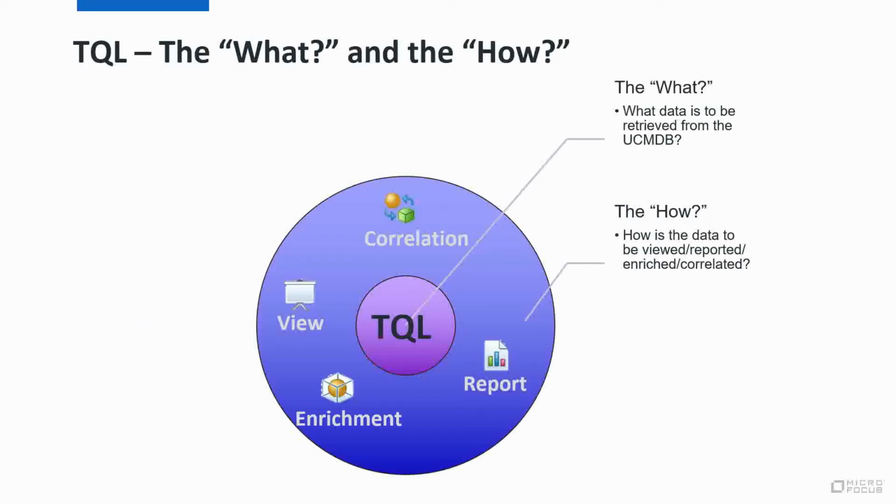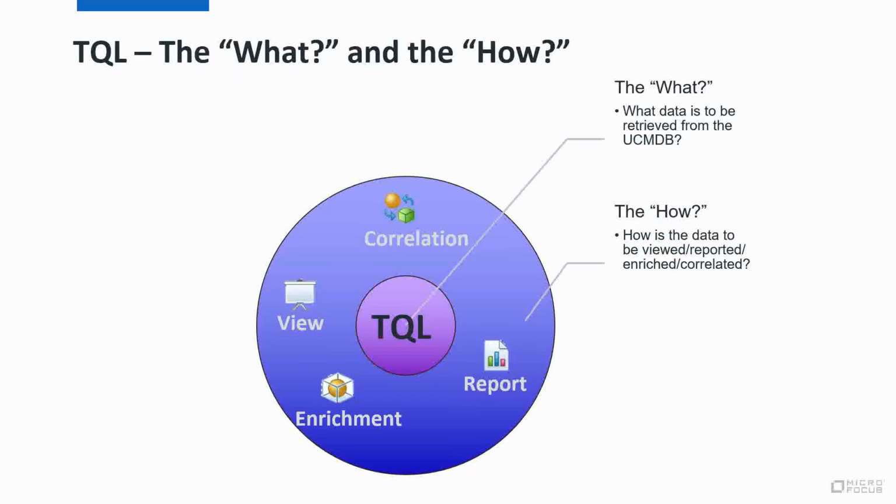So TQL is kind of the what and the how, right? The what being the data that we get out of UCMDB through the TQL subsystem. So you create your graphical query. That is the TQL subsystem. It sends that to the backend, which uses the data access layer to actually execute those queries, and then sends that data back and communicates with whichever subsystem it is that wanted the information.